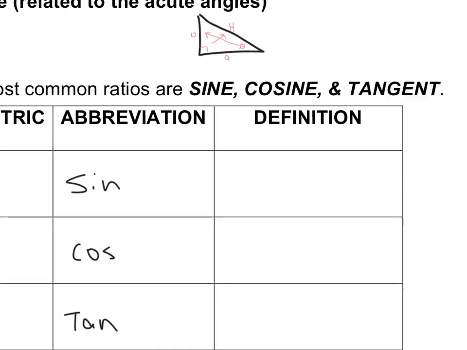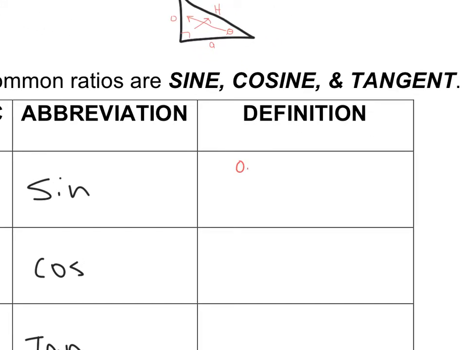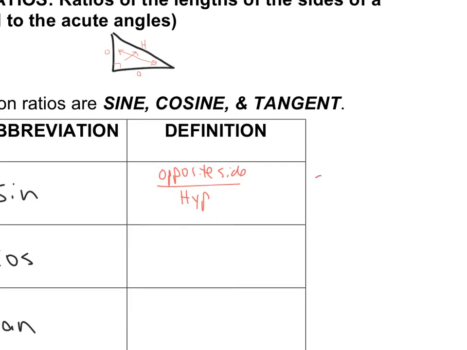So the definition of sine is when you take the opposite side and divide it by the hypotenuse. Basically, you'll have the sine of some angle, and I'm going to use this symbol theta to represent the angle, equals the opposite side over the hypotenuse.